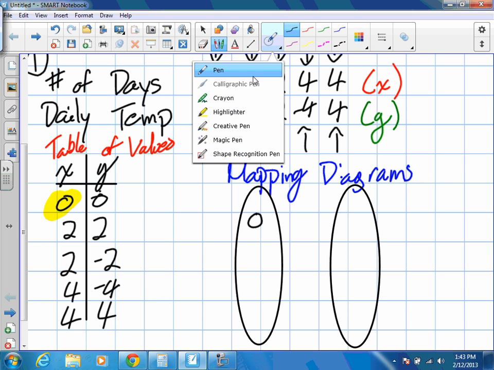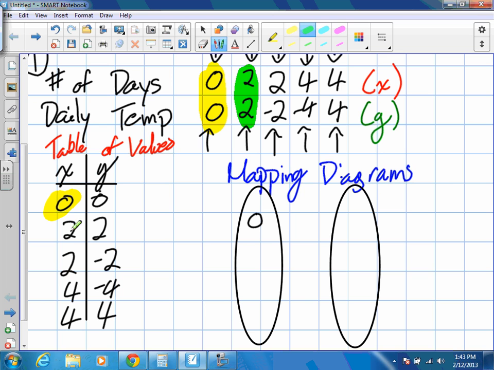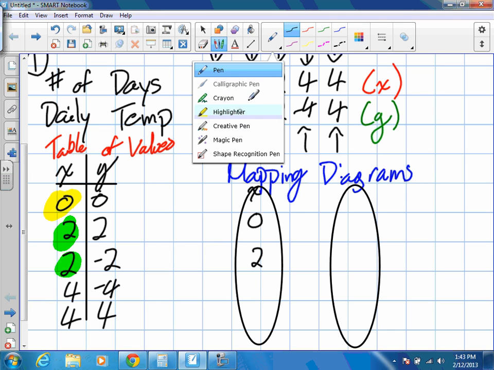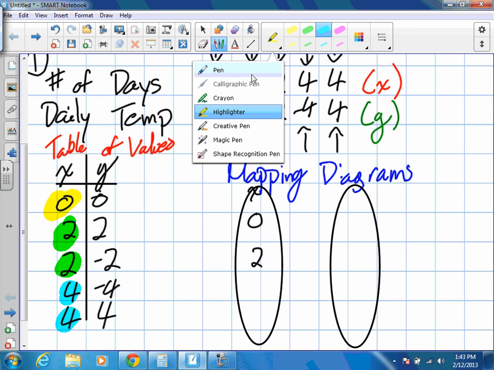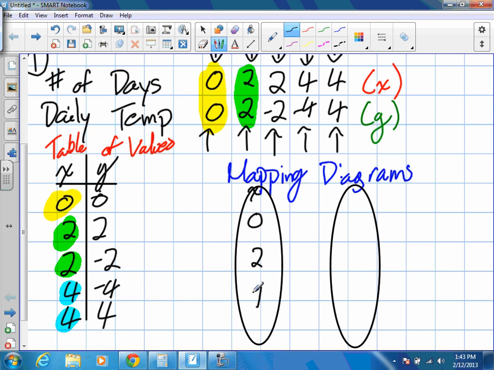There are 2 x values of 2. I'm only going to put the number 2 in for the x values once. And there are also 2 x values of 4. So there's really only 3 numbers I'm going to put in my x values: 0, 2, and 4. In our y values, we have negative 2, negative 4, 0, 2, and 4.